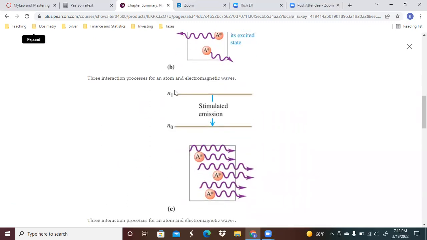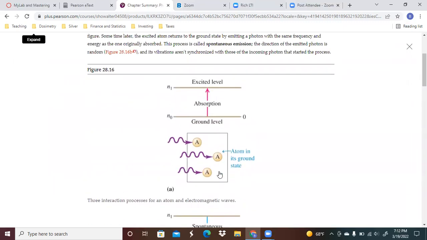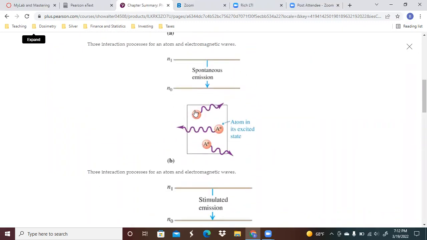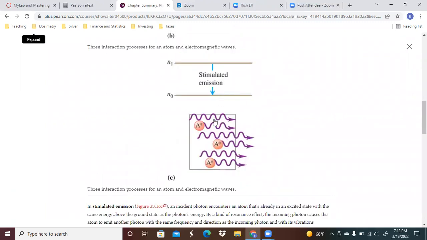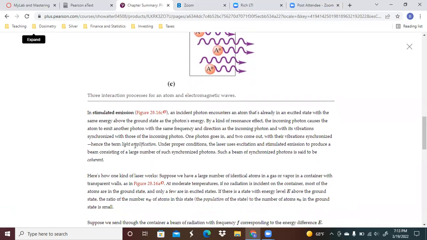We've got stimulated emission, which again is different from the absorption, where it's picking it up, and the spontaneous emission, where it's just throwing the stuff wherever. The stimulated emission is basically throwing things out in the same direction. And again, you've got light amplification going on where you've got one photon coming in and two going out.